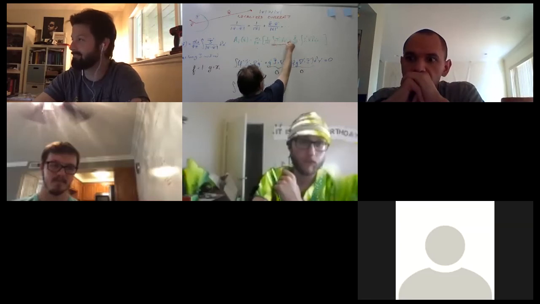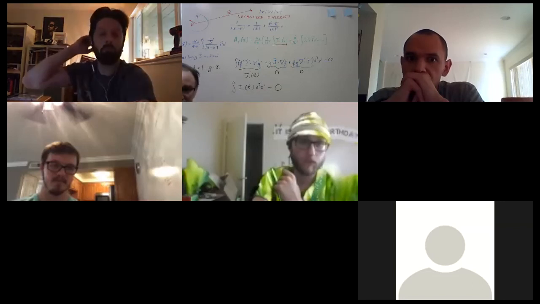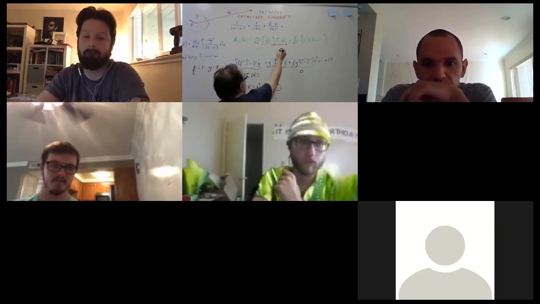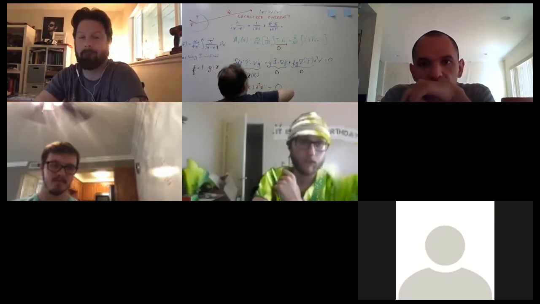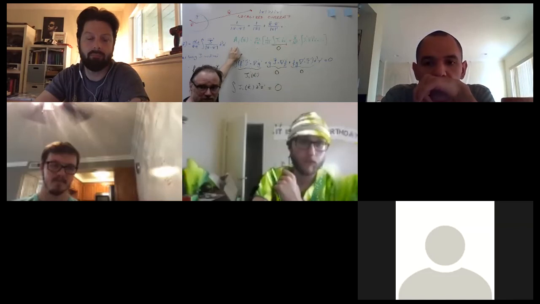So notice what we just showed, that term right there is 0 for any localized charge distribution. That's 0. Any component of the vector potential will have that first term be 0.